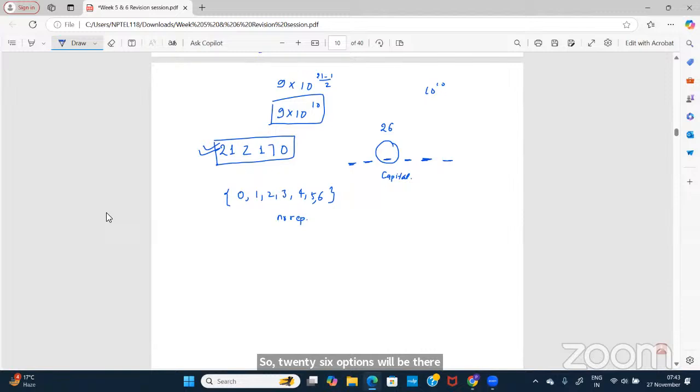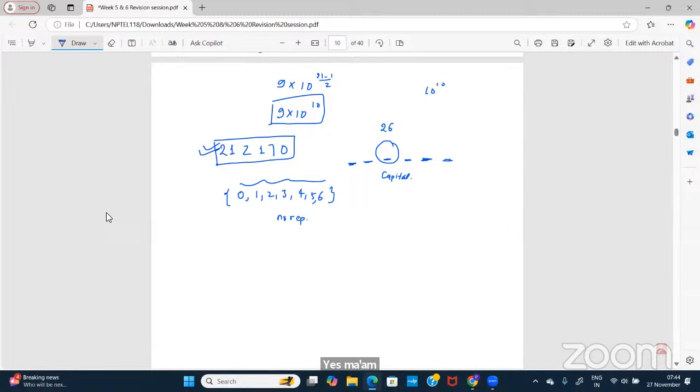And we have to use these 7 digits only, 0 to 6, and repetition is not allowed.